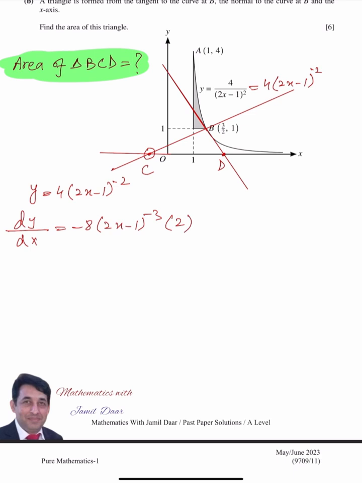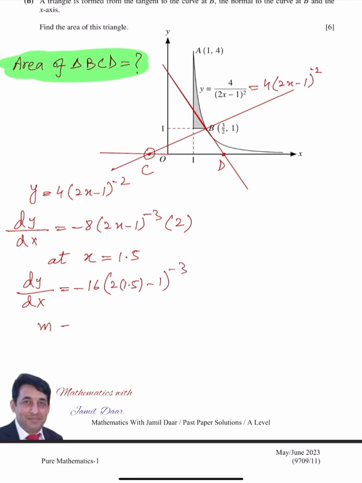This is at x is equal to 1.5, because the value of x at B is 1.5, that is 3 by 2. At x is equal to 1.5, dy over dx is equal to minus 16 into (2 times 1.5 minus 1) raised to the power of minus 3.